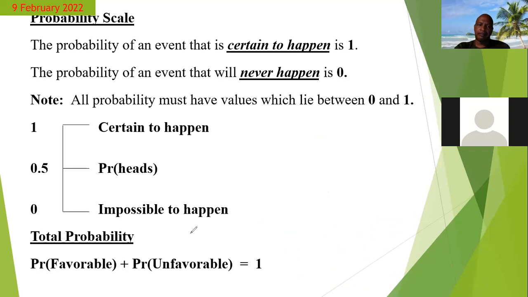So if we know that the probability of something happening is a quarter, what would be the probability of it not happening?